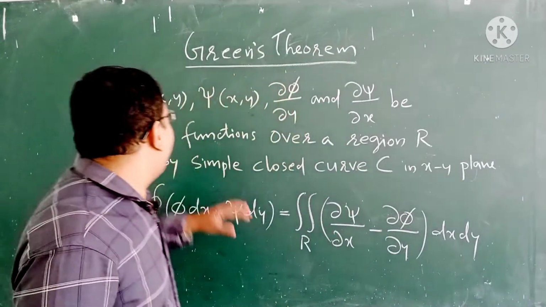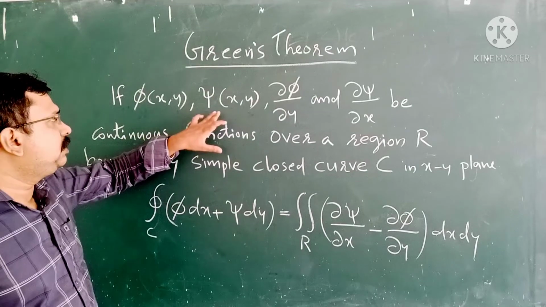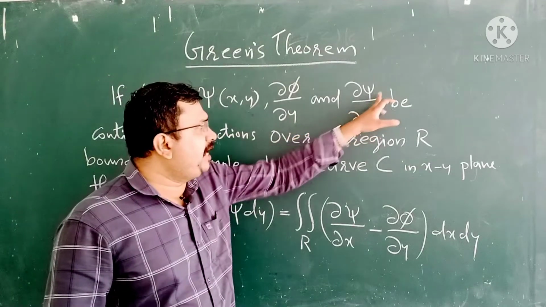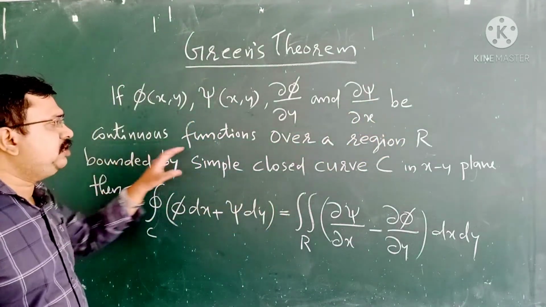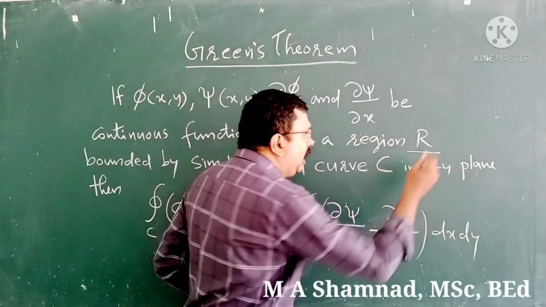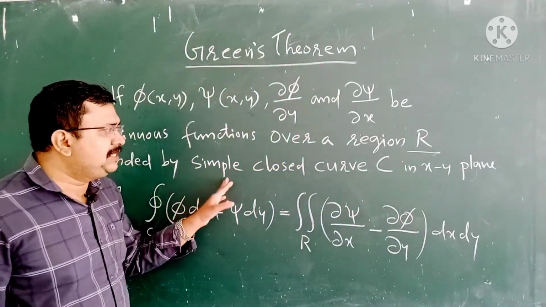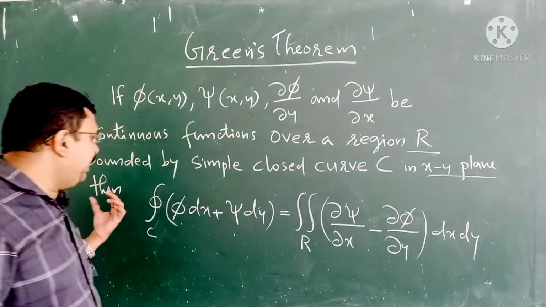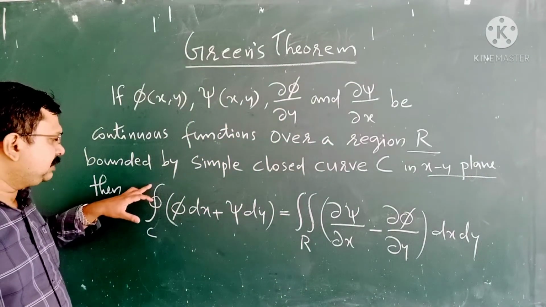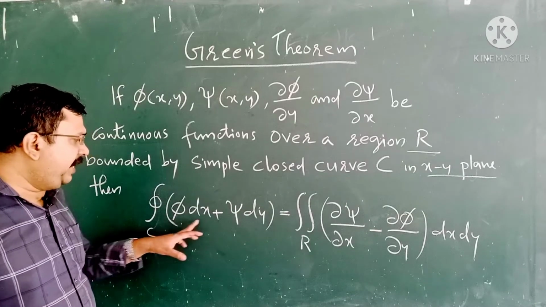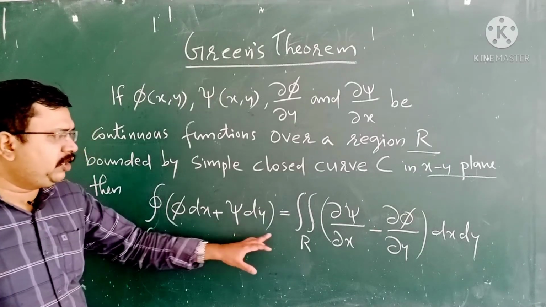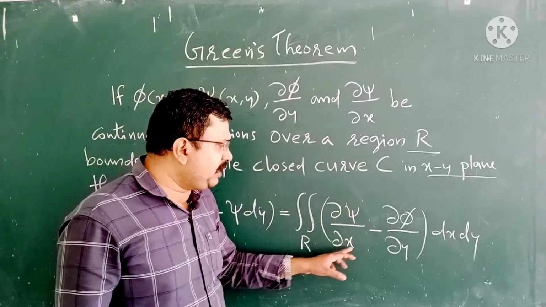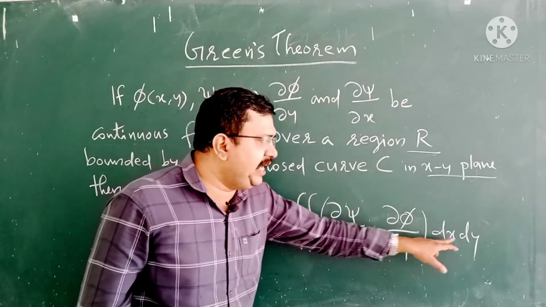Listen, if phi of x y, psi of x y, dou phi by dou y and dou psi by dou x be continuous functions over a region R bounded by a simple closed curve C in the xy plane, then the circular integral over C phi dx plus psi dy equals the double integral over the region R of dou psi by dou x minus dou phi by dou y dx dy.